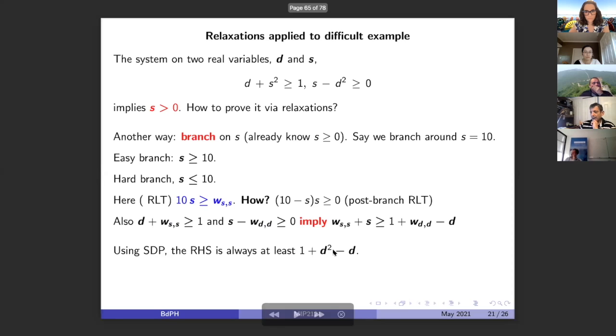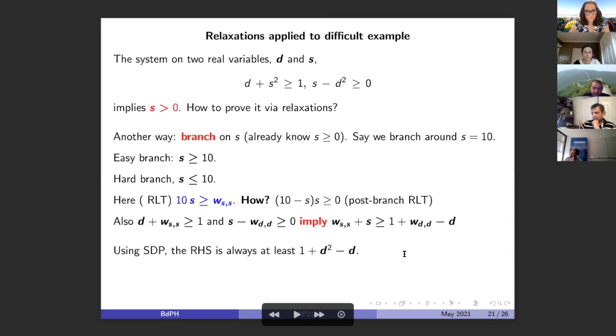Now using SDP, WDD is always at least D squared, and therefore this right-hand side is always at least this amount. Again, we don't need to write that down. It'll hold as soon as we apply SDP plus RLT.